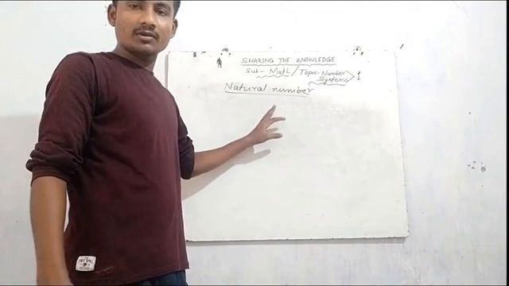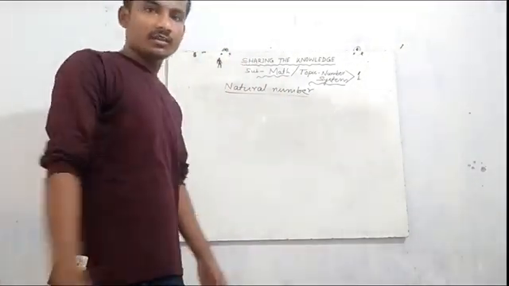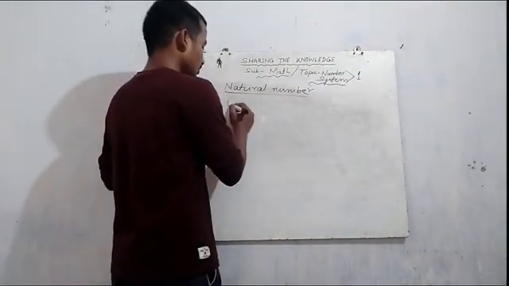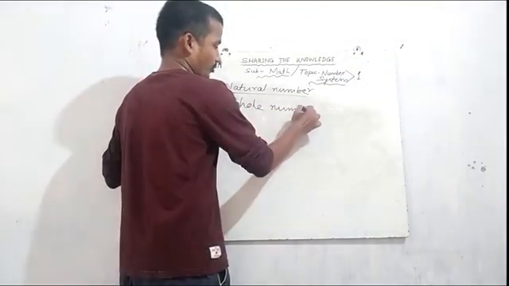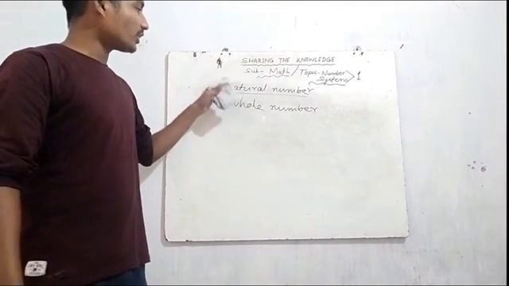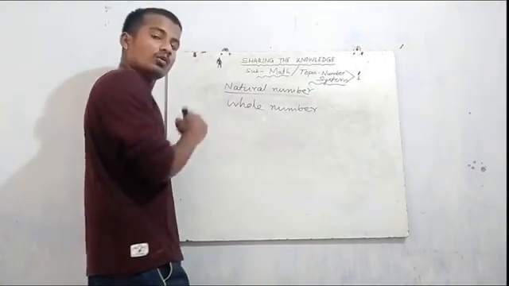Understand what is natural number? All the numbers starting from 1 are called natural numbers, but 0 is not included here. But whole numbers: all the natural numbers including 0 are called whole numbers.